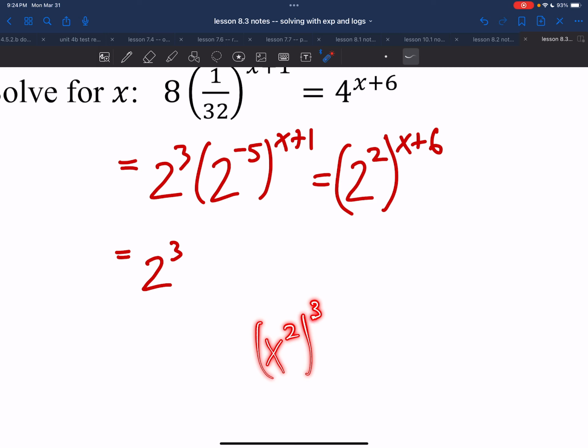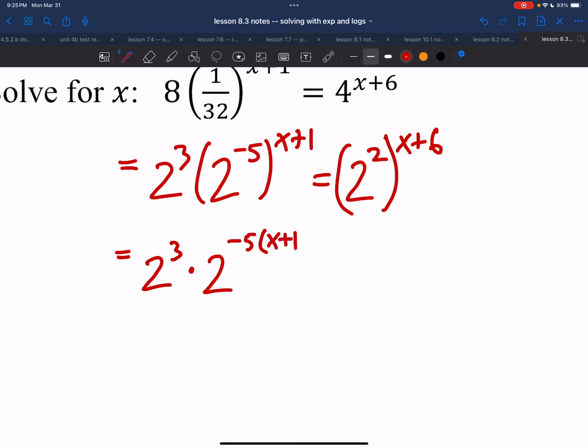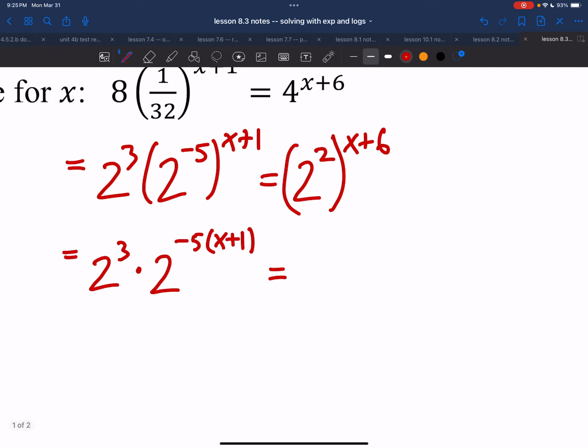This would be the rule where you multiply 2 times 3 to get 6. So what I'm going to do is this is times 2 to the negative 5 times x plus 1. And then it's the same situation here where it's 2 to the 2 times x plus 6, because the 2 squared is being raised to the x plus 6.